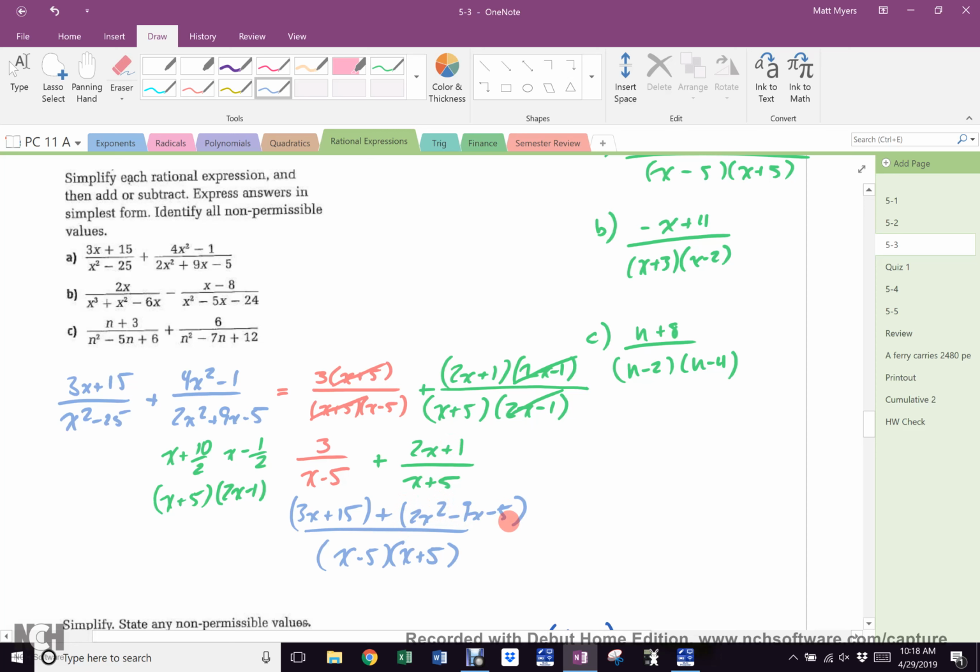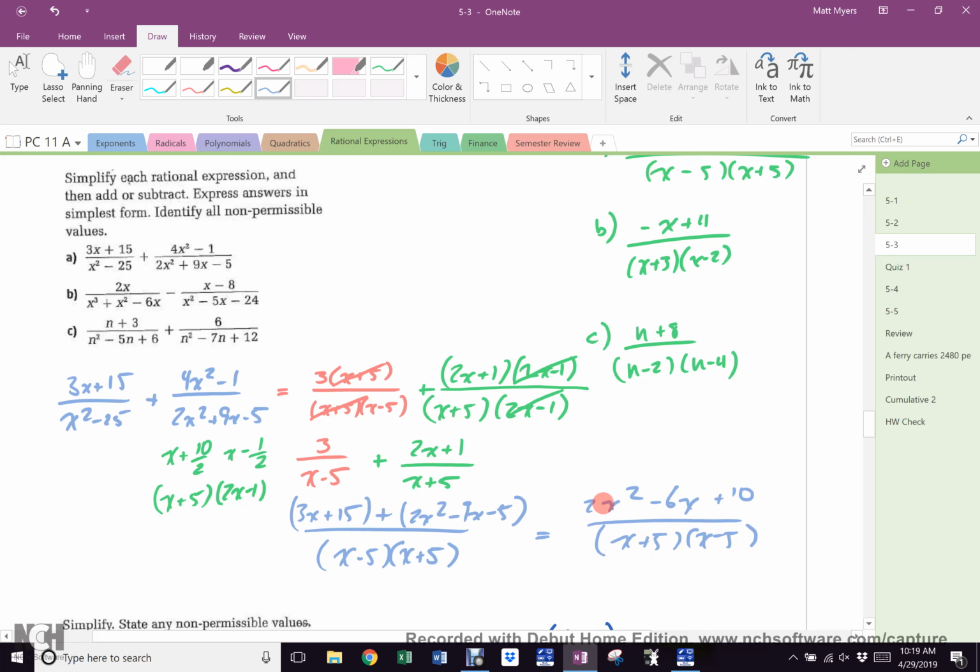Yes? Now, any other 2x squareds? No. So I get 2x squared. Any other x's? 3 plus negative 9 is minus 6x. 15 plus negative 5 is plus 10 over x plus 5, x minus 5.